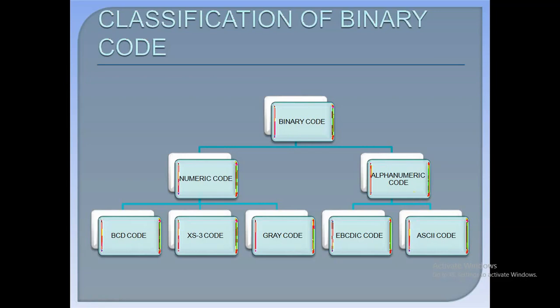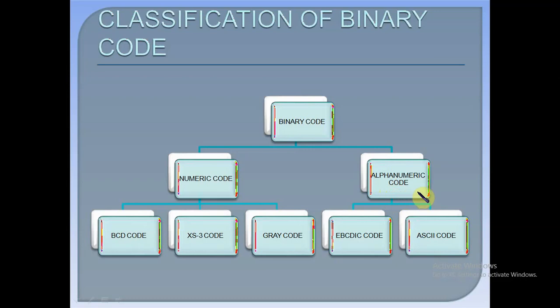It works with at least 10 decimal digits and 26 letters of the alphabet, that is a total of 36 items. Instead of using only single binary bits, a group of bits is used as a code to represent a symbol.